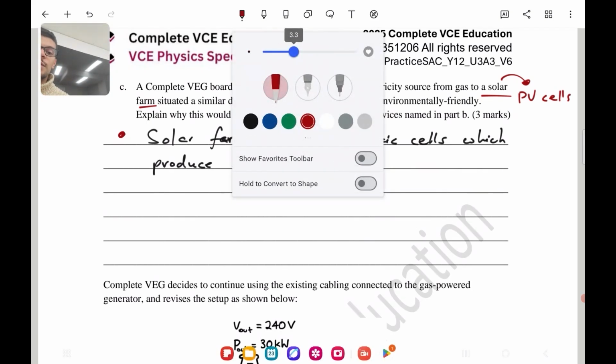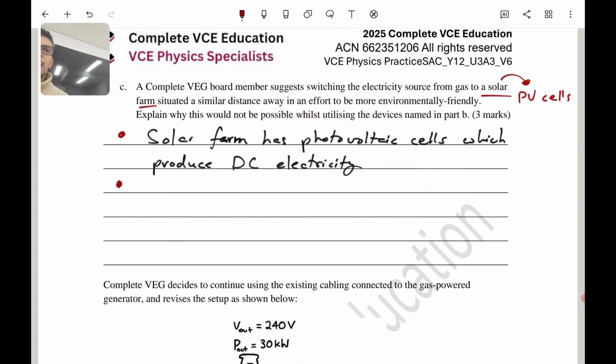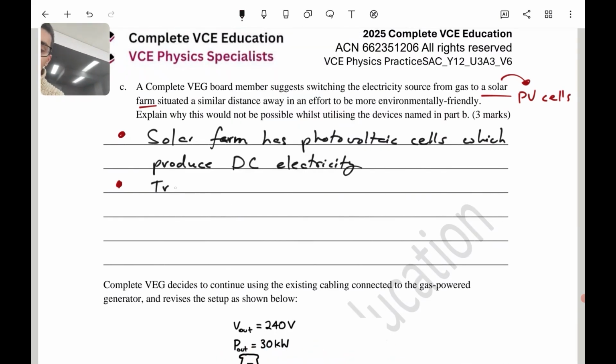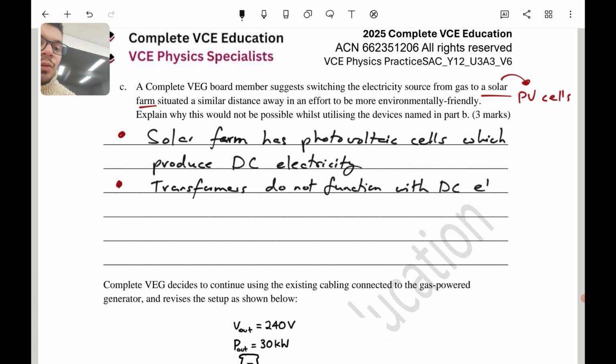Okay, so that is the first dot point. Second dot point. Transformers do not function with DC electricity.